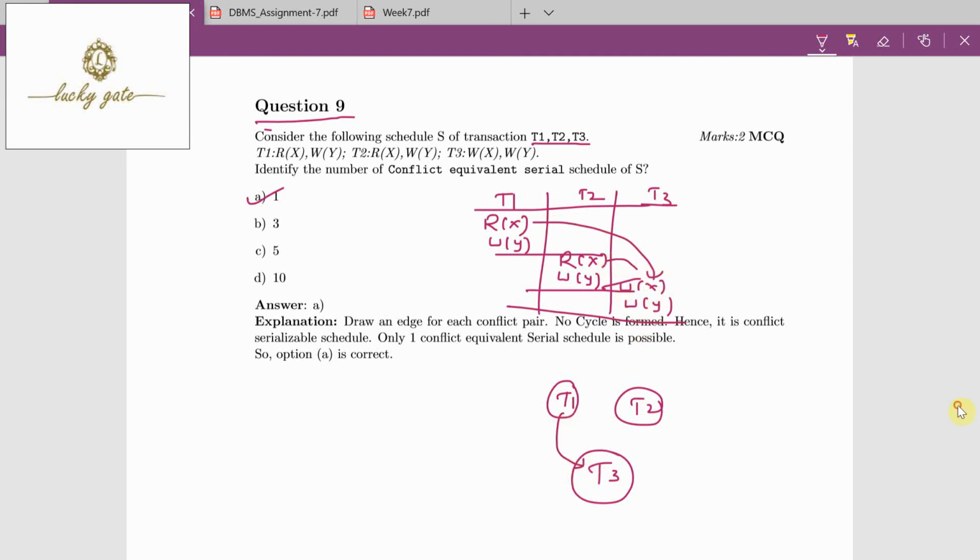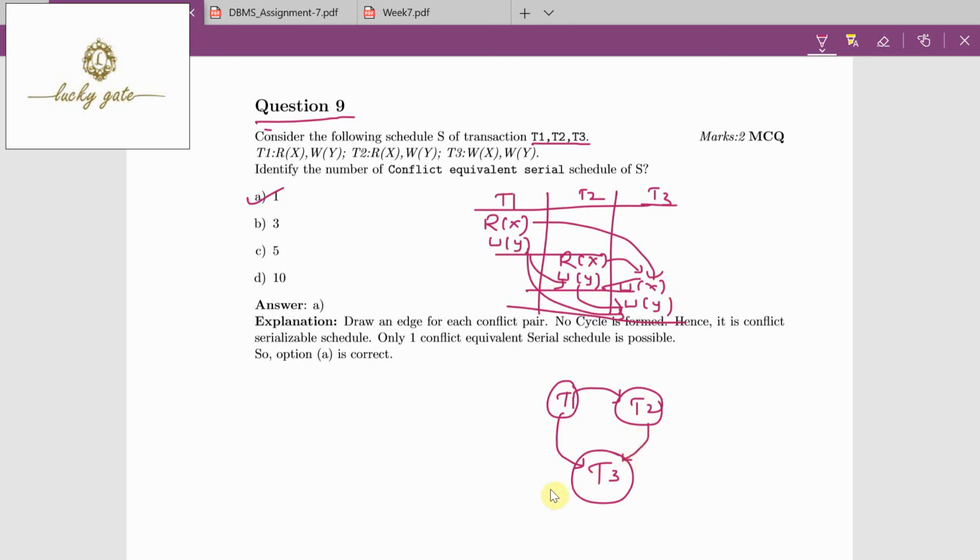And read X also conflicts with write X, that is from 2 to 3. And write Y conflicts with write Y, 1 to 2 and 1 to 3, which is already there. This write Y conflicts with write Y, that is from 2 to 3. Any more edges? No more.